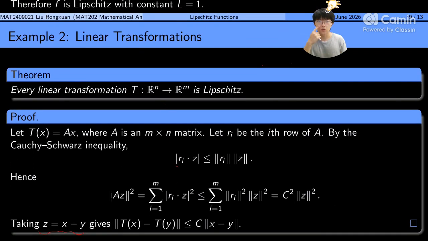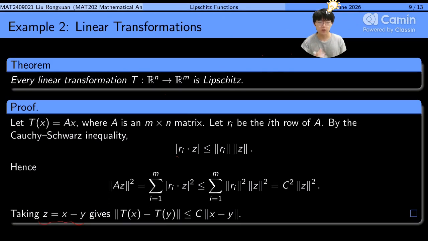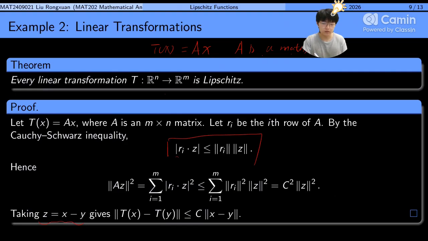The second example is linear transformation. Every linear transformation is a Lipschitz function. A linear transformation is T(x) equal to Ax, where A is a matrix. To prove this, we need the Cauchy-Schwarz inequality.